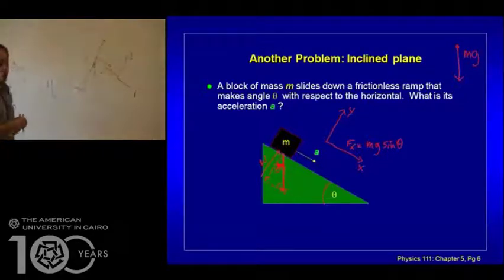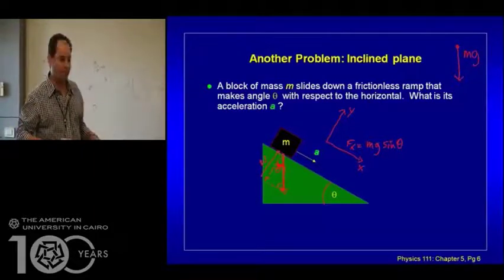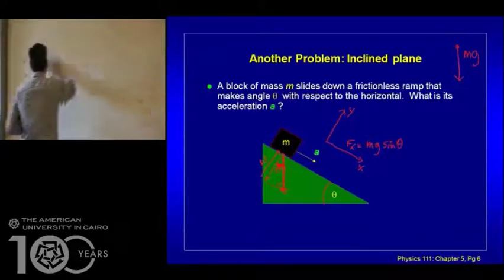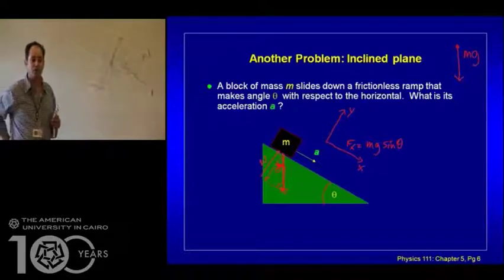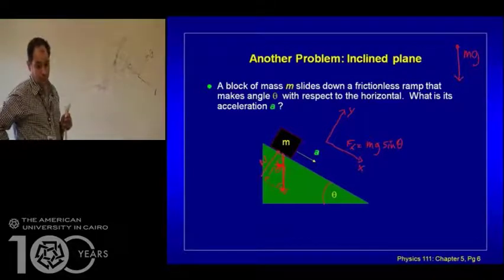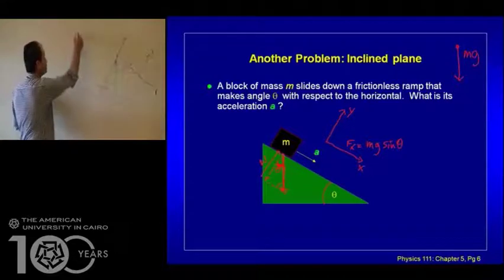Now I have all my forces aligned along my coordinate system. Next step, after drawing the free body diagram, putting all the forces on it, and resolving the forces that need to be resolved. Yes, Shinawi. If we find mg cosine theta, it should always equal the normal force. We'll find out. So that's our free body diagram.